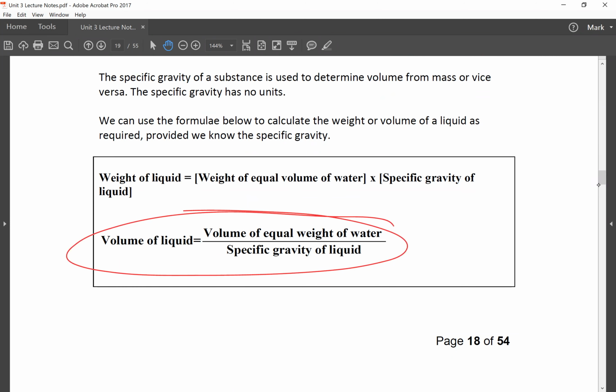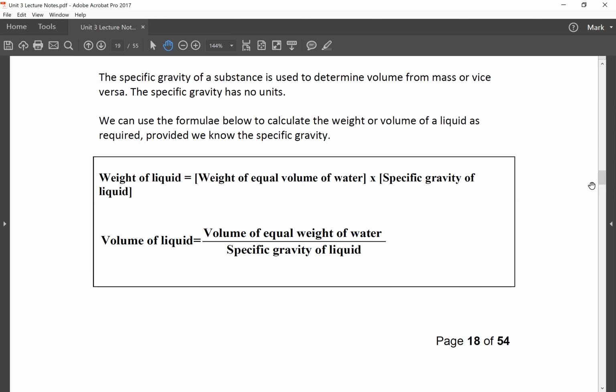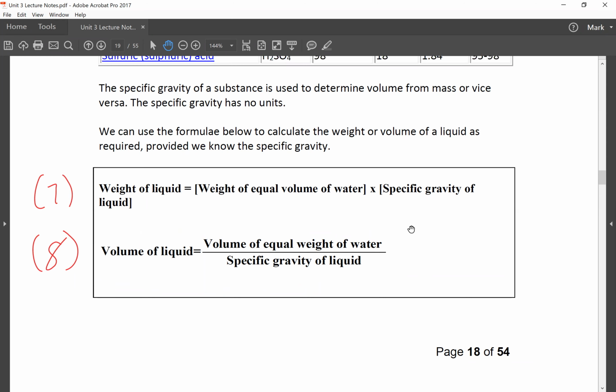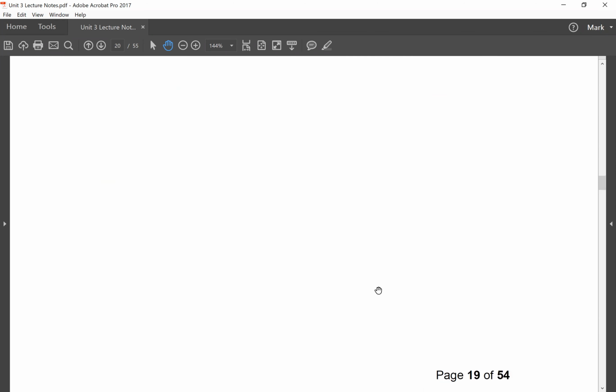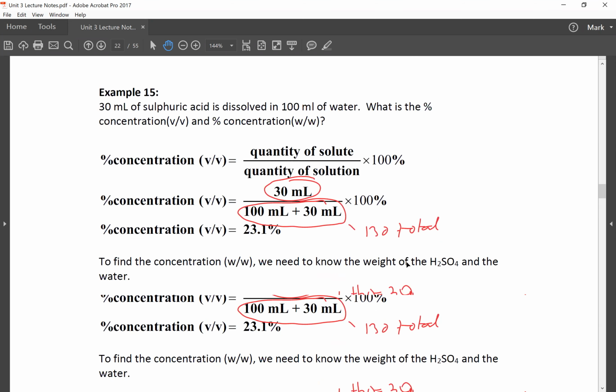The volume of the liquid is the volume of the equal weight of water divided by the specific gravity of the liquid. Okay, so in your formula sheet, this is equation 7, this is equation 8. That's where the numbers 7 and 8 come from. That's what they are on your formula sheet. Okay, so let's scroll back down.